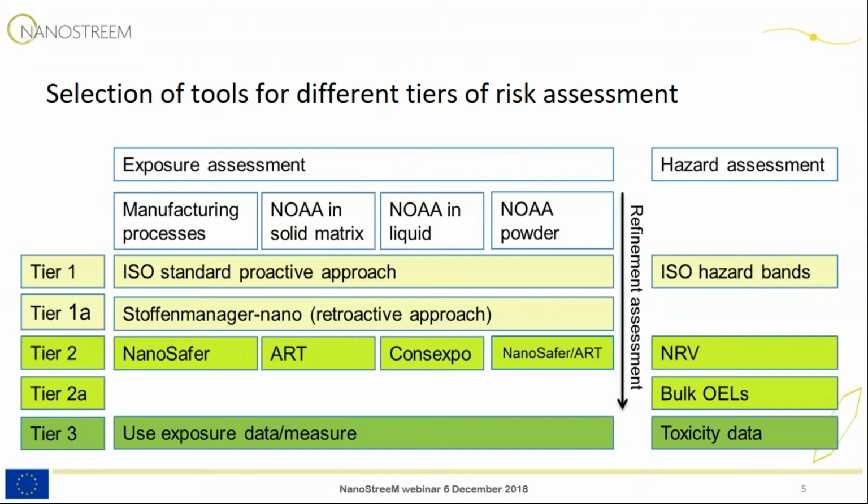So in the second tier, we selected the quantitative tools that were available, the state-of-the-art quantitative modeling tools, and proposed them for different source domains. Under the exposure assessment line, you see 4 different source domains, and these domains are characterized by the appearance of the nanomaterial that you're exposed to.